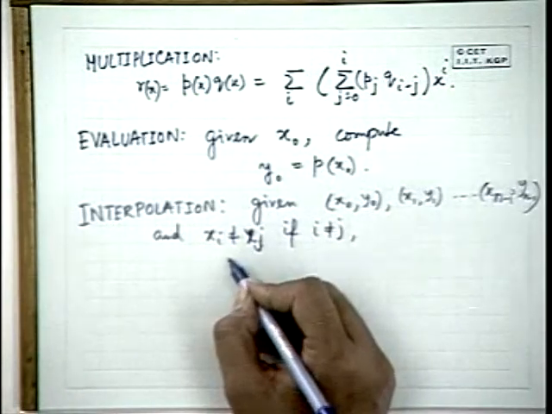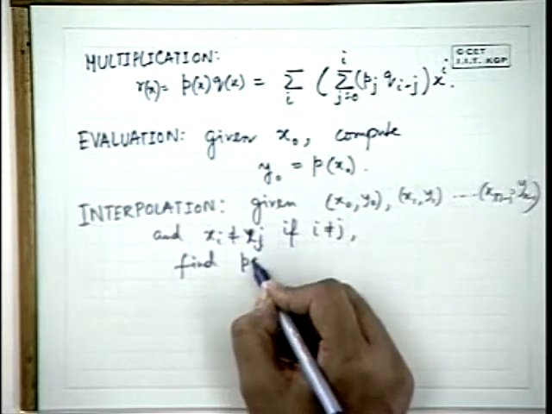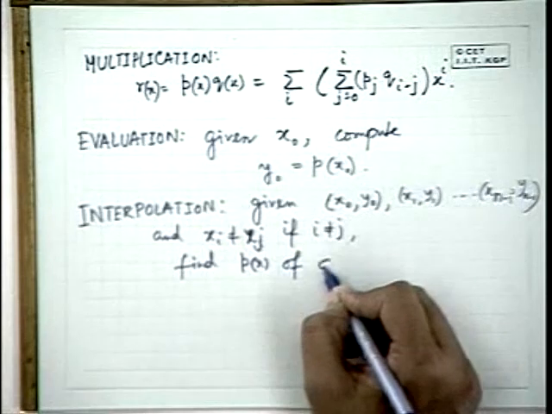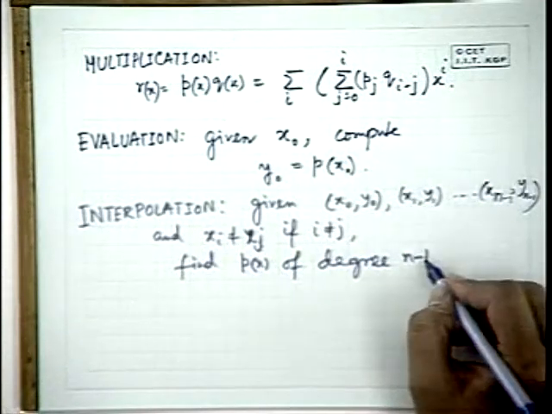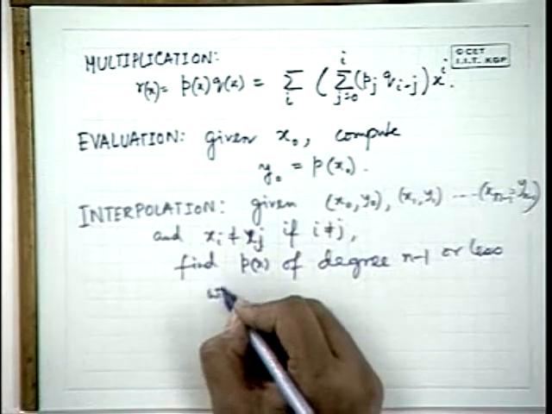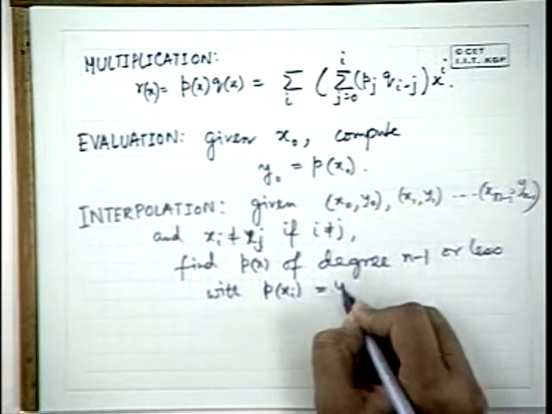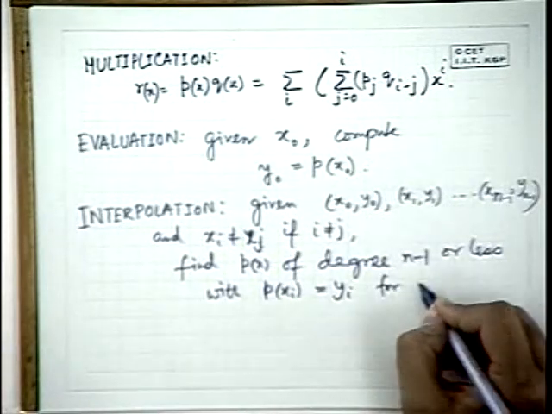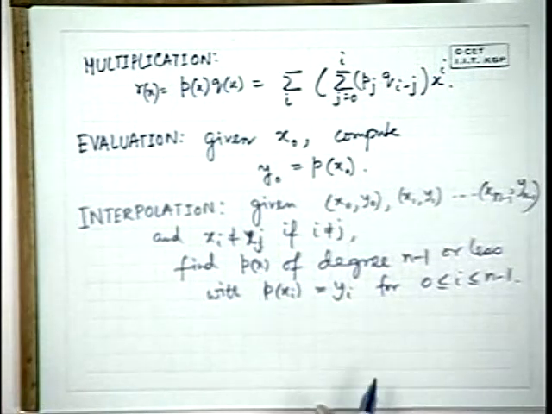So we are asking to find P(x) of degree n minus 1 or less, it may be less, with P(xi) equal to yi for all i. So interpolation is just the reverse operation in a sense of evaluation.